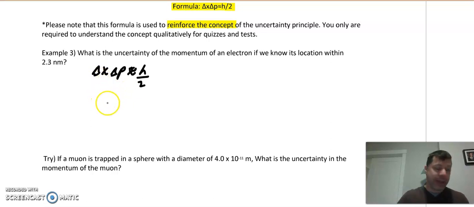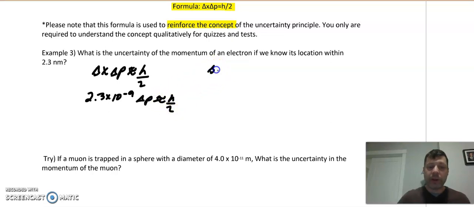So the uncertainty of the position here, we're knowing within about 2.3 nanometers. So 2.3 times 10 to the negative 9, change in position, is approximately equal to h over 2.